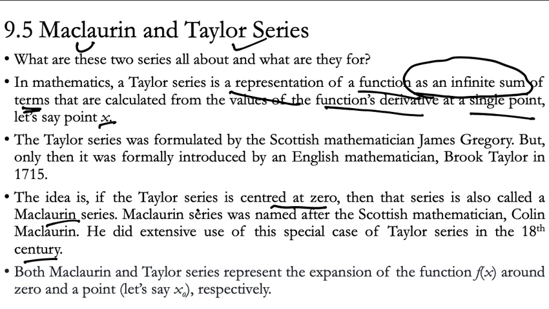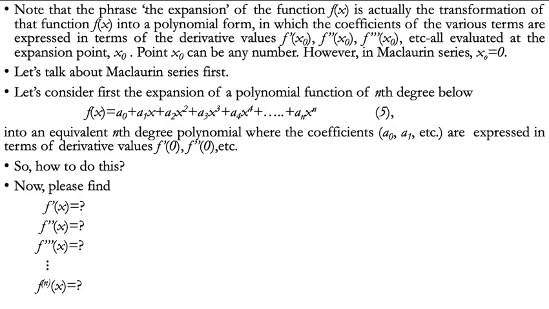When we talk about expansion of any kind of function f x, it is actually the transformation of the function f x into polynomial form, in which the coefficients of the various terms are expressed in terms of the derivative values.